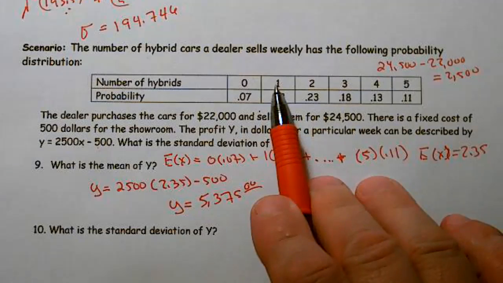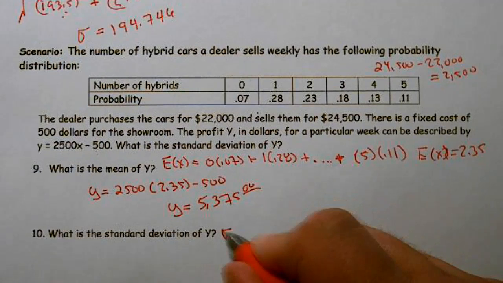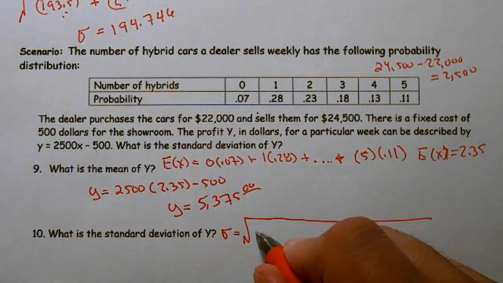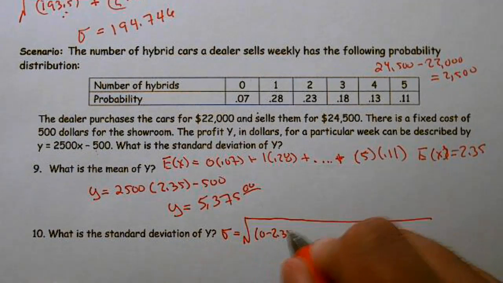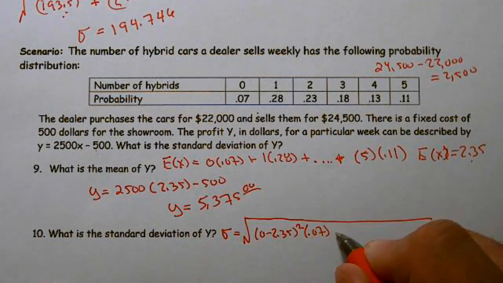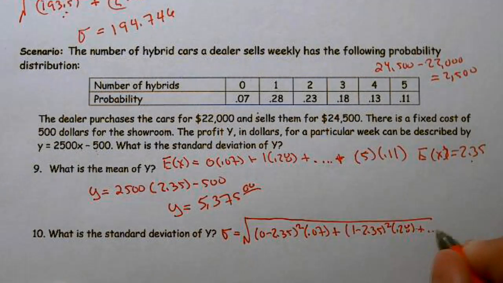Well, I need to know the standard deviation of this, so I need to show my work. And my work is going to be, well, the standard deviation, the square root, and in this case, it's going to be 0 minus 2.35, because I expect to sell 2 cars, squared, times 0.07 plus 1 minus 2.35 squared times 0.28 plus, plus, the last one, 5 minus 2.35 squared times 0.11.